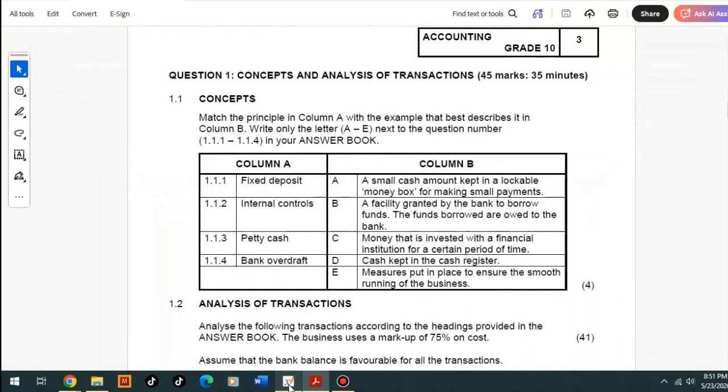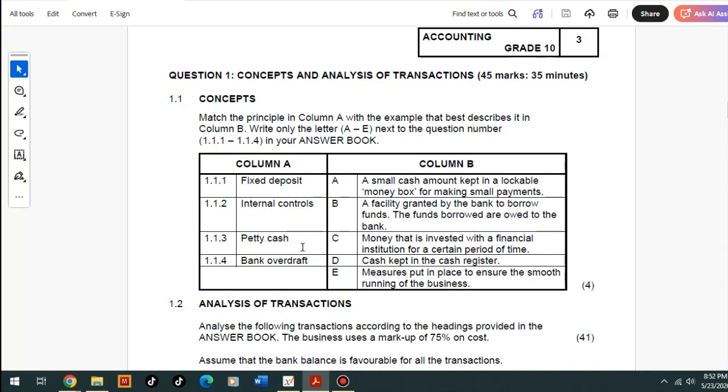The next question. Petty cash. Petty means small. So it's a small amount that is kept in a safe. A safe is the box that is locked and kept at a safe place. So the answer that matches with petty cash is A. Petty cash, a small cash amount kept in a lockable money box for making small payments.